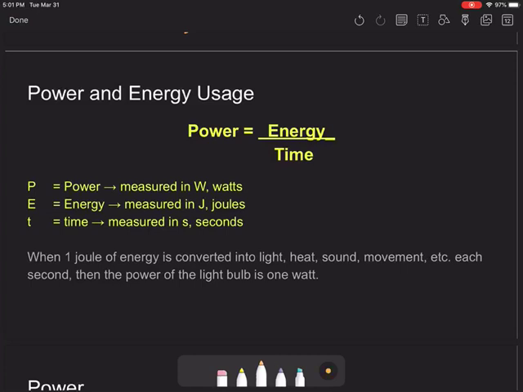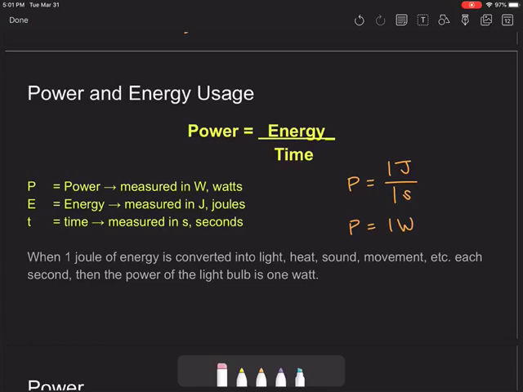Something interesting here is that when 1 joule of energy is converted into light, heat, sound, movement, etc. every second, then the power of the light bulb is going to be 1 watt. If we're looking for power and we know that it's 1 joule every 1 second, 1 divided by 1 is 1, so our power will be 1 watt. That's essentially what that sentence here says.